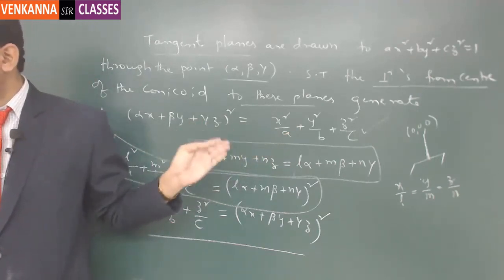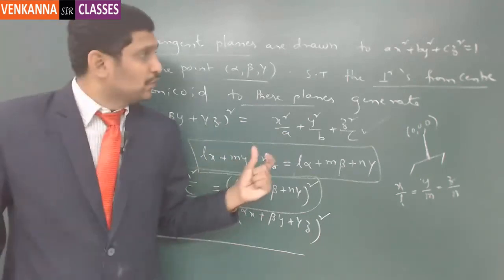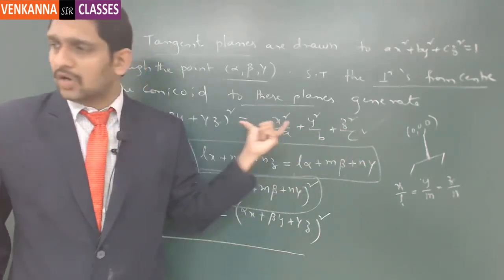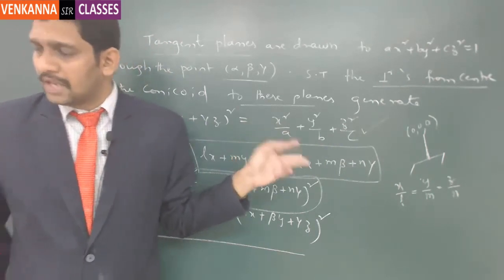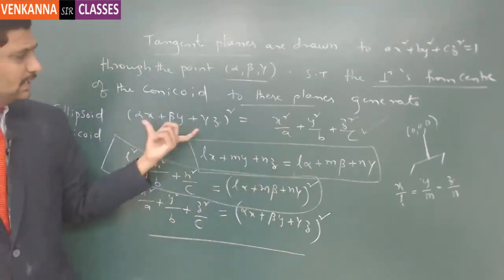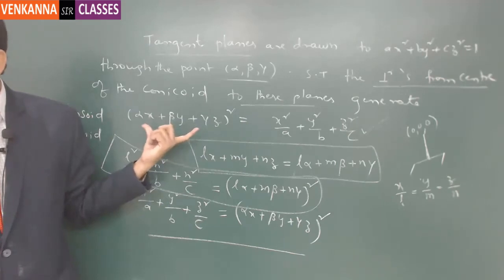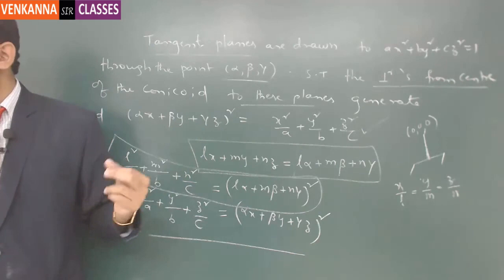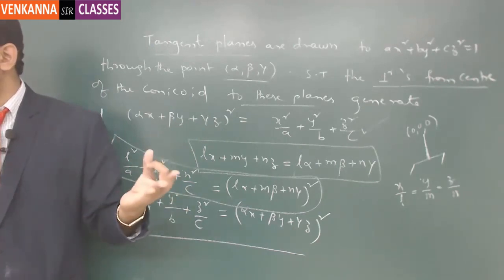It is nothing but a cone, because you are taking the value from origin, so it will not contain the constant term, that is one. And if you expand the left side value, it is nothing but a homogeneous equation of second degree in the variables x, y, z.